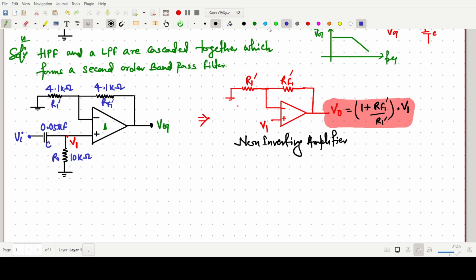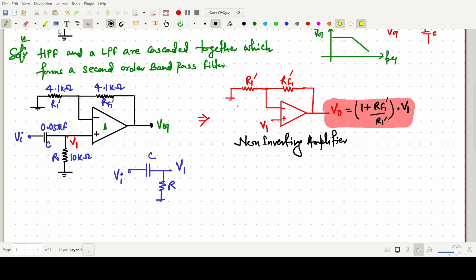So how to find the V1? For this purpose, we are interested in this R and C, and this one is our V1 and this one is Vi.